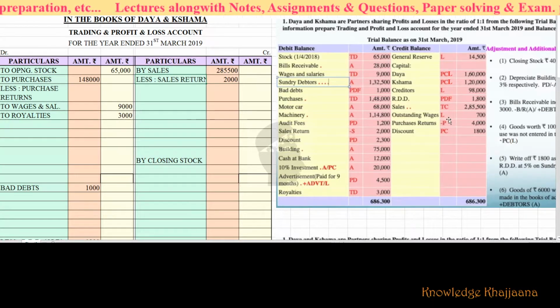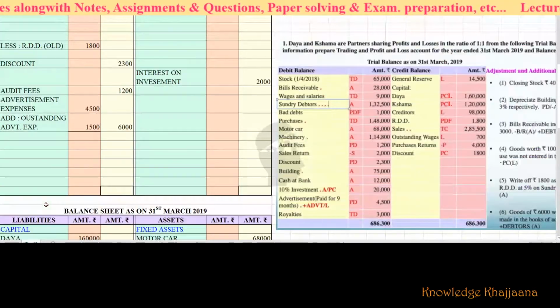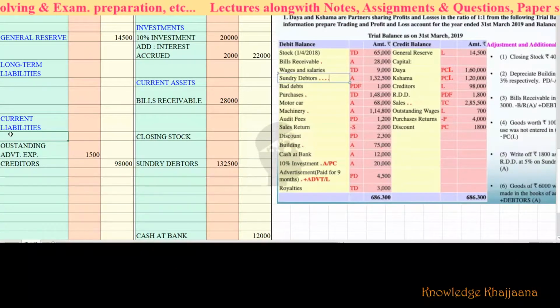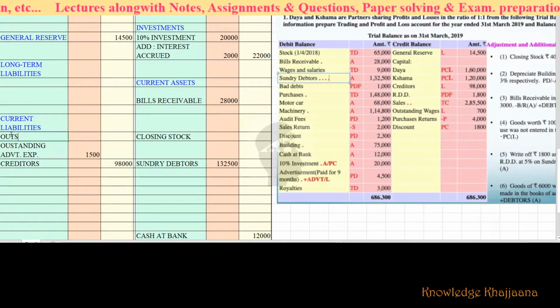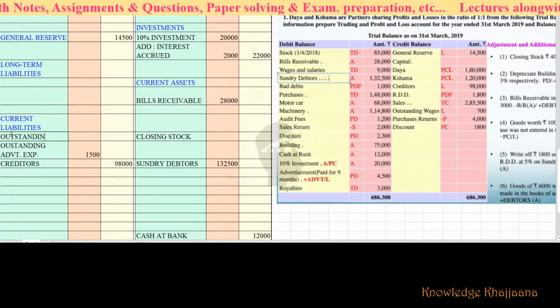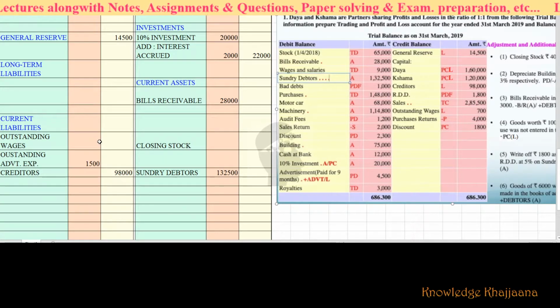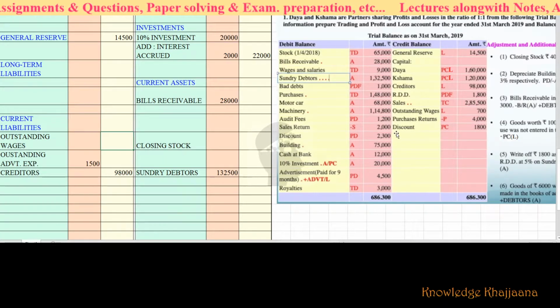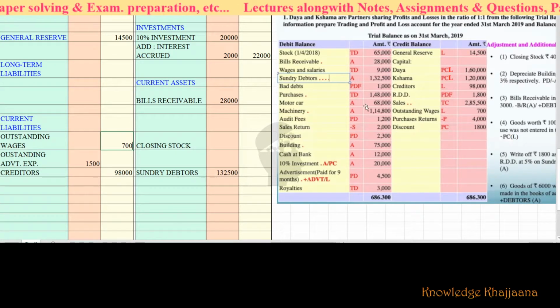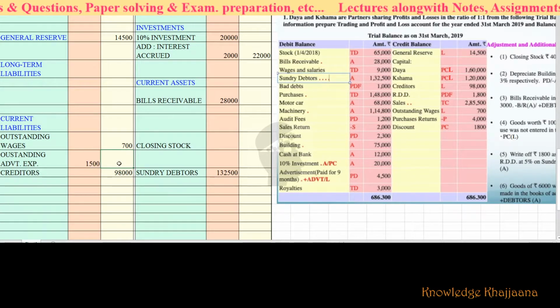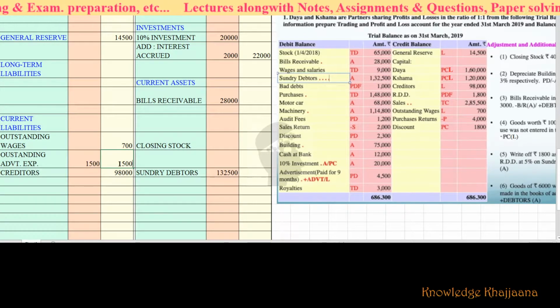Outstanding wages is a liability, so it's a current liability. How much of outstanding wages are there? Rupees 700. There is no adjustment, right? This will also go to the outer column.